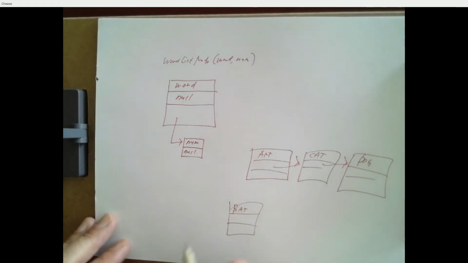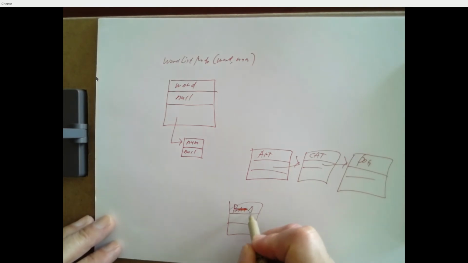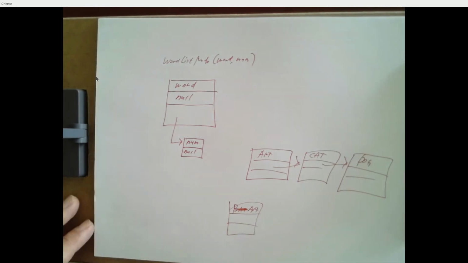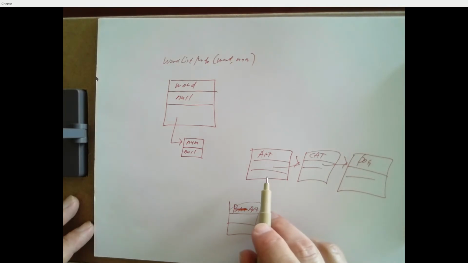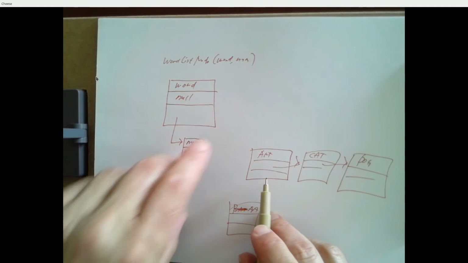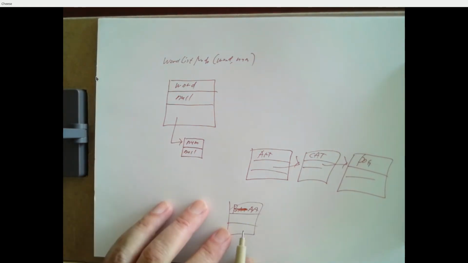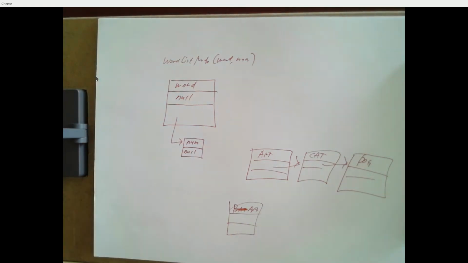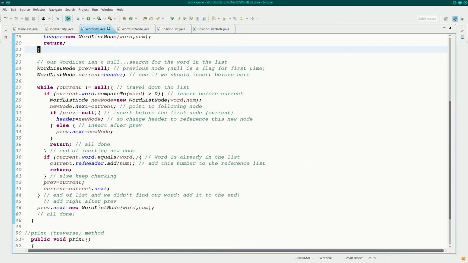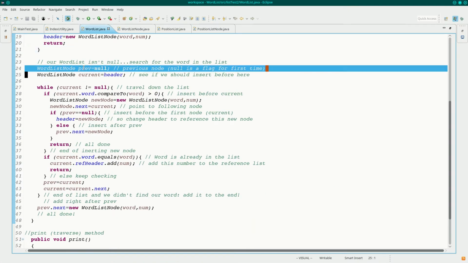But if I was inserting something like AA, it's going to go before the very first node in my list, and there is no previous node that I'm going to change to point to this. It's an edge case. So in my code, I initialize my previous to be null, and that's a flag. When I find the node that I'm trying to insert before, I'm going to check previous, and if it's null, I know I'm inserting in the beginning of the list, and I'll do something different there.